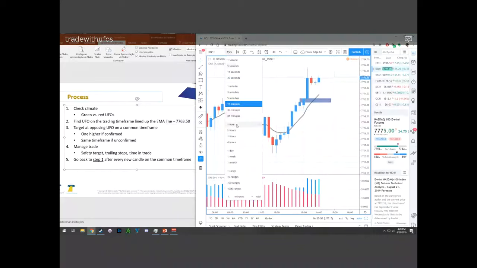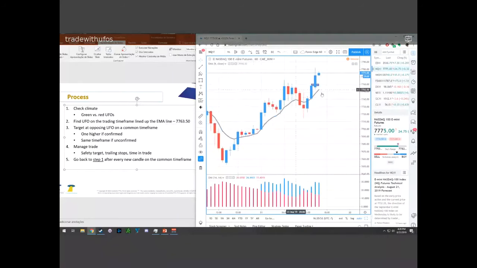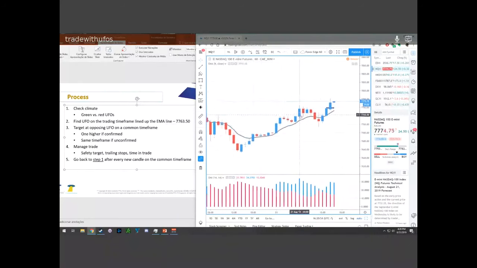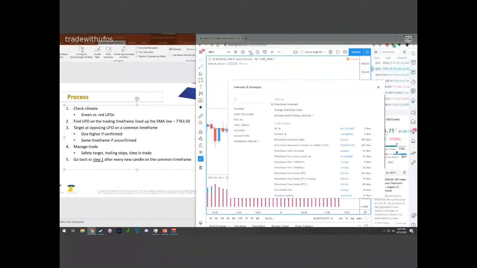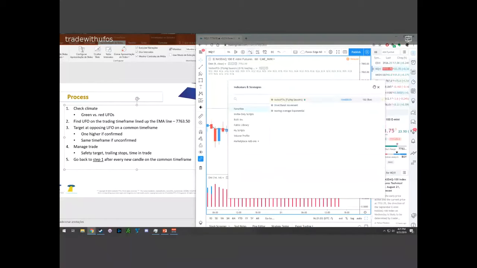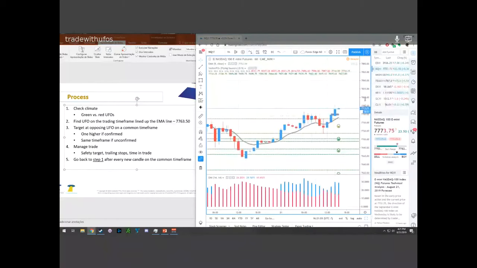So go into the 1 hour. We'll increase this like this, and let's add now the indicator for the auto UFO. And it's loading.